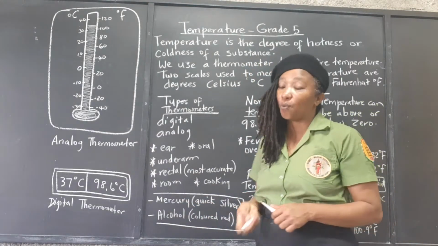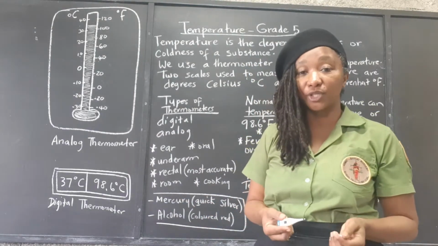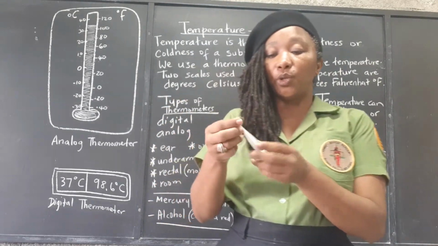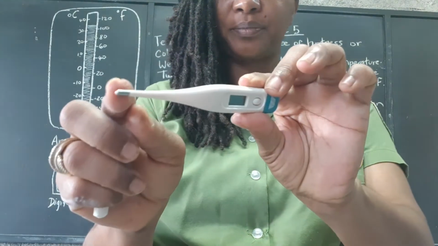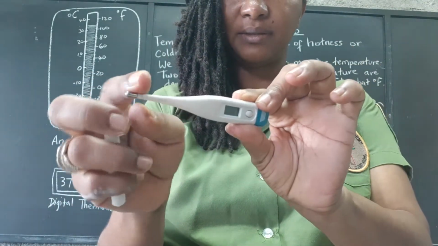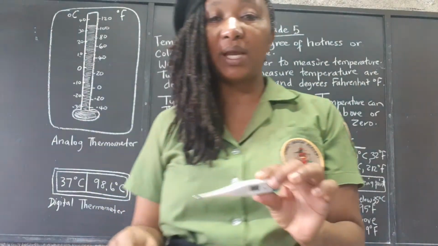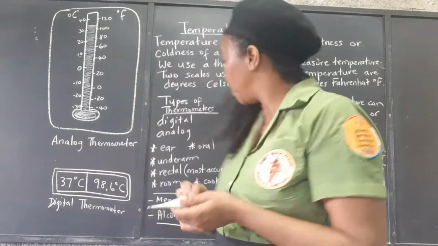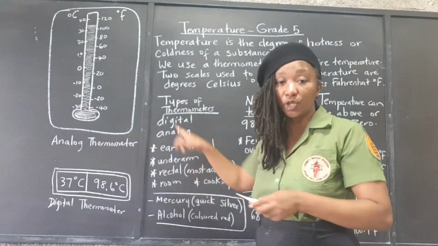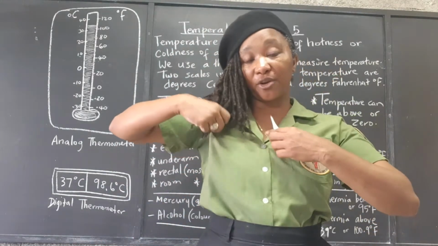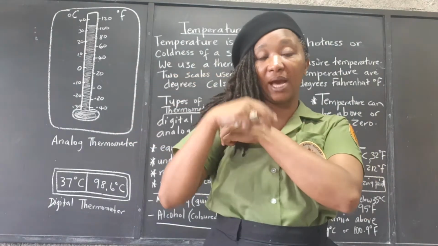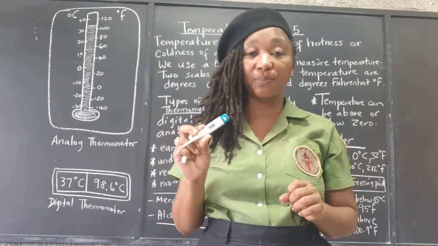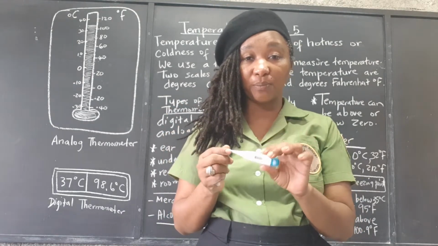Now we have different ways of measuring the temperature. If you're using the digital thermometer, you will notice that at the end of it, there's a metal. Metals respond very quickly to heat. So whether you're taking the temperature under your arm, where you'd place it inside your clothes, under your arm, and hold it there until the thermometer beeps, which tells you that the temperature can be read.